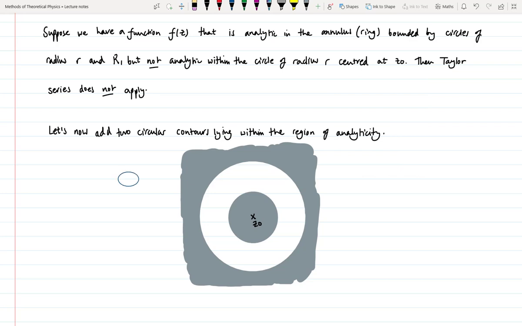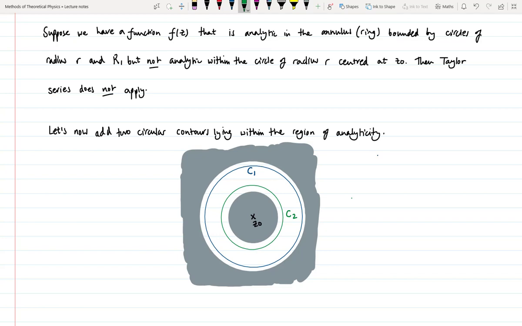The first one, which we're going to call C1, is this blue contour, and the second is this green contour, C2.